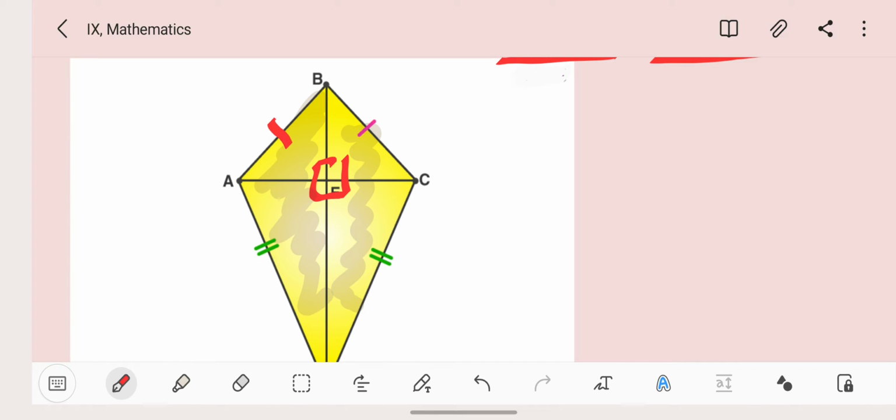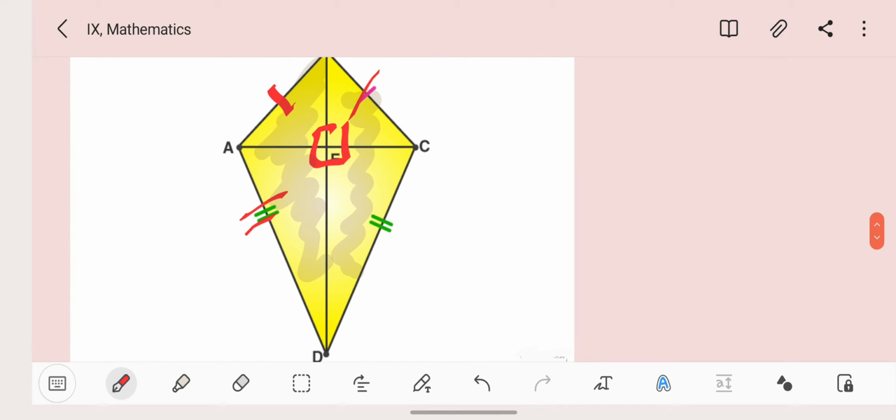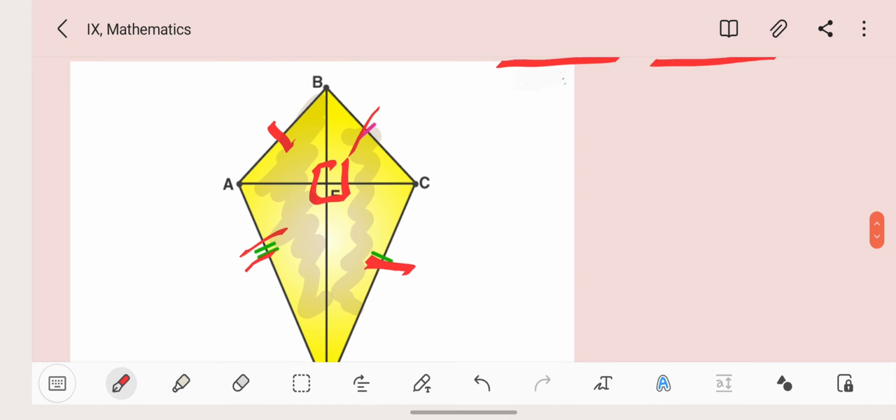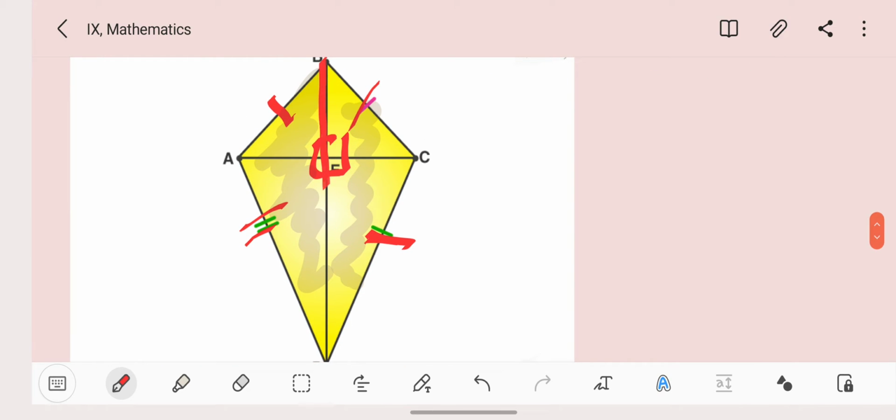BA is equal to BC, AD is equal to DC, and the side BD is common. So these two triangles are congruent.